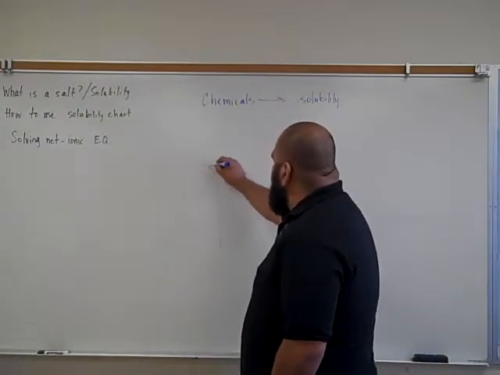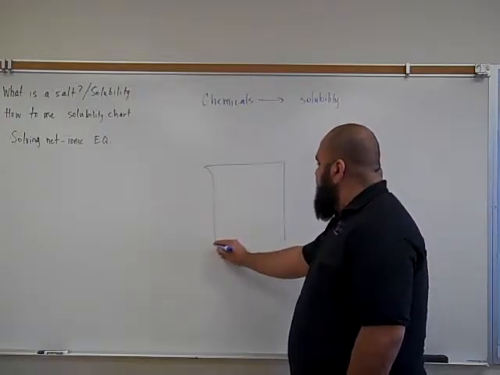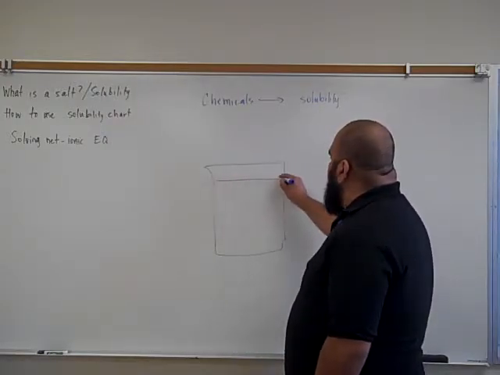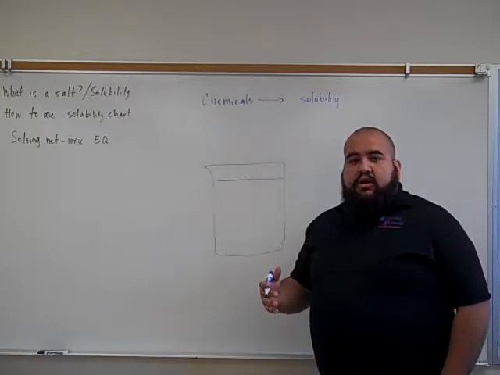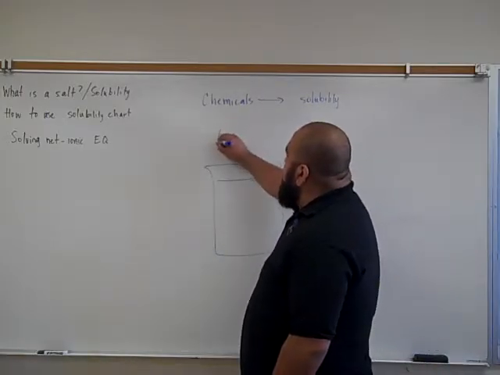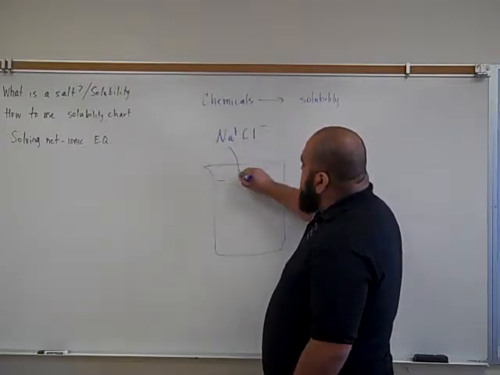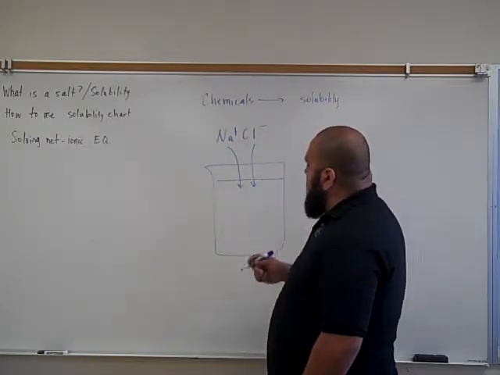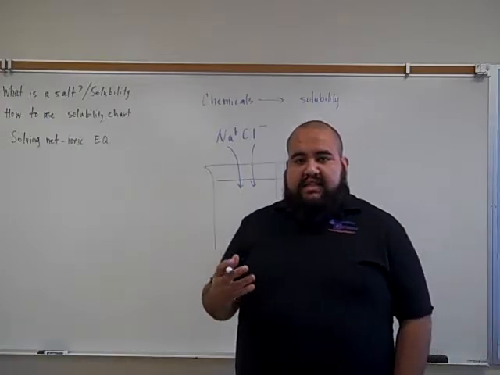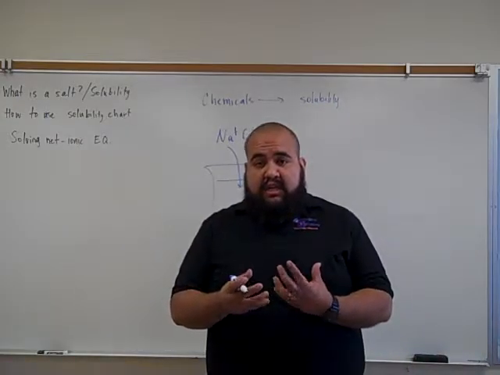if you have a beaker and you have water, and to this water we're adding salt, right? Salt is an ionic compound, and when salt goes into water, it no longer exists as a powder, like as a solid.